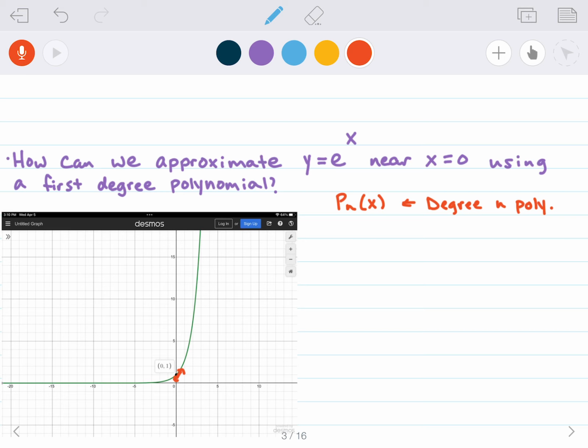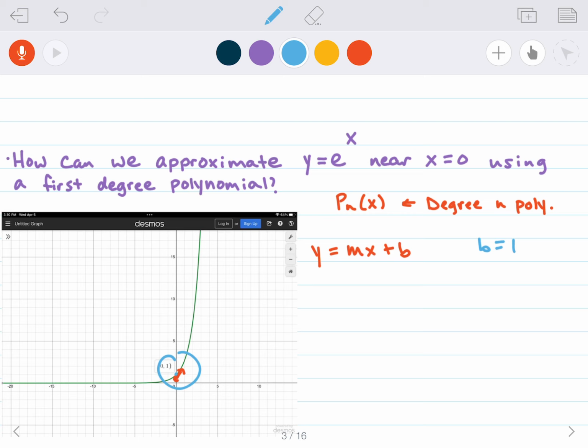So how can we get the equation of such a line? Well, remember that for a line, we have y equals mx plus b. And b, it's pretty clear what b is. B is the y-intercept, and we can see that that line is going to intersect the y-axis at 1. So b is equal to 1.